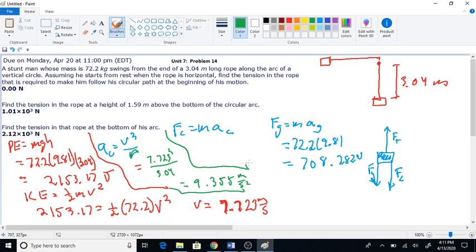Now let's fill in here. Fc, our centripetal force, is 72.2 times our acceleration, which is 9.355 that we just found. And we do that, we end up with... did I not show that?